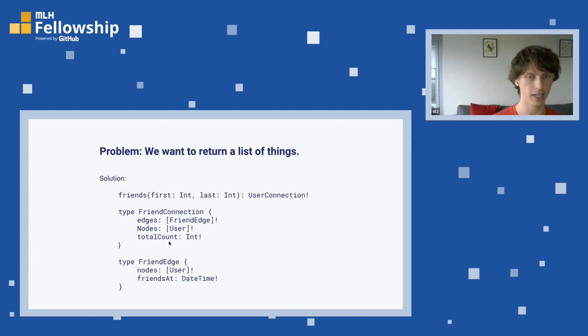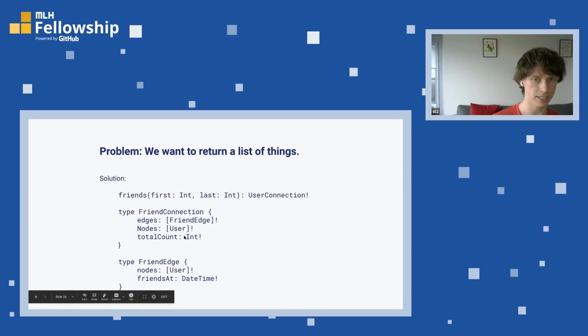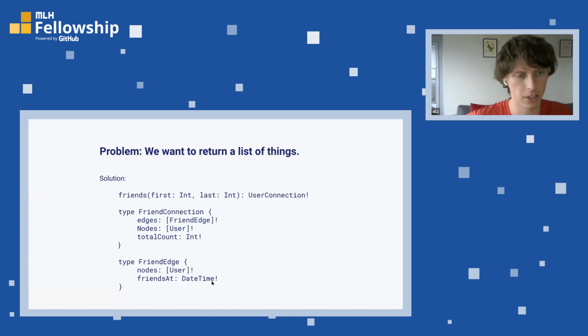It pertains to a collection of friends. So that is information that would live on the connection. And then on the connection, we have a list of edges. And on those edges is where we would store information that links two users together. So let me go to the Explorer actually really quick, and I'll show what this might look like.